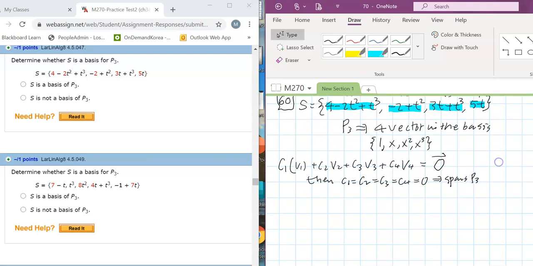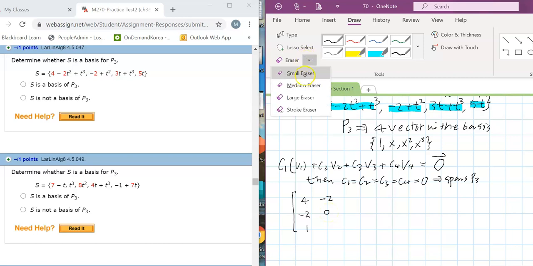So let's find out. So here, it is same as 4, -2, 1, -2, 0, 4, oh, I need one more, okay, 4, 0, -2, 1, and -2, 0, 1, 0.